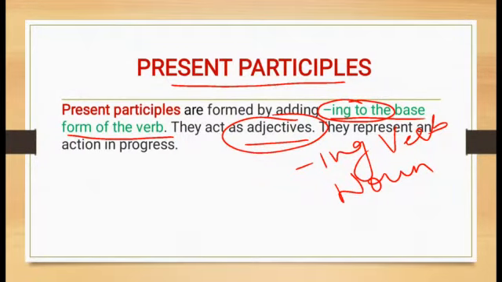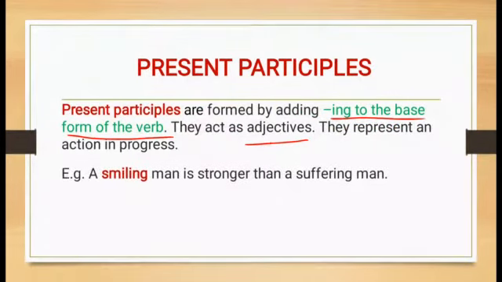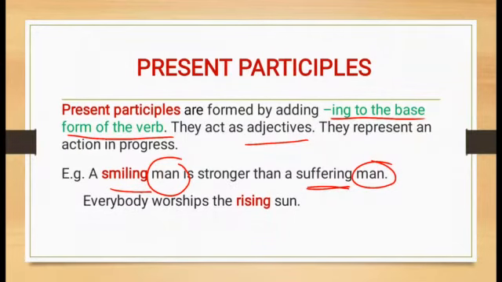Let's understand this with the help of examples. A smiling man is stronger than a suffering man. Here, the words smiling and suffering are describing the noun man, thus acting as adjectives. In the second example, everybody worships the rising sun.